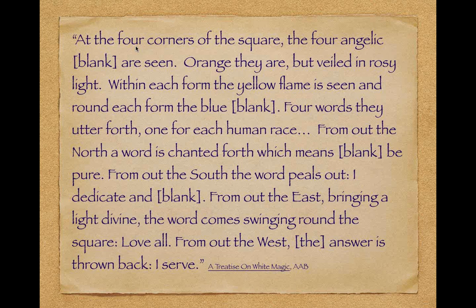From out the north, a word is chanted forth, which means blank, be pure. From out the south, the word peals out, I dedicate and blank. From out the east, bringing a light divine, the word comes swinging around the square, love all. From out the west, the answer is thrown back, I serve.